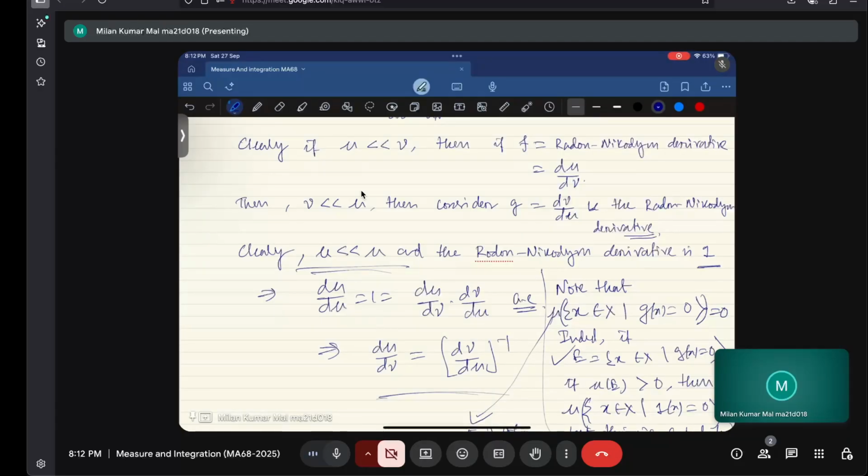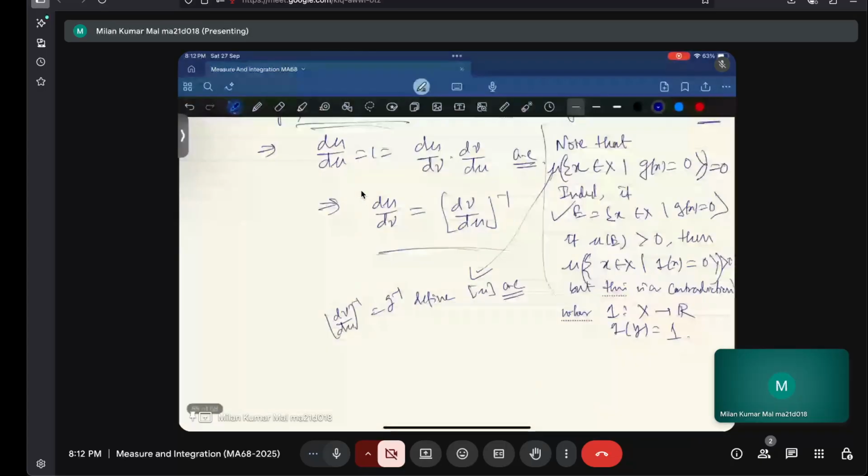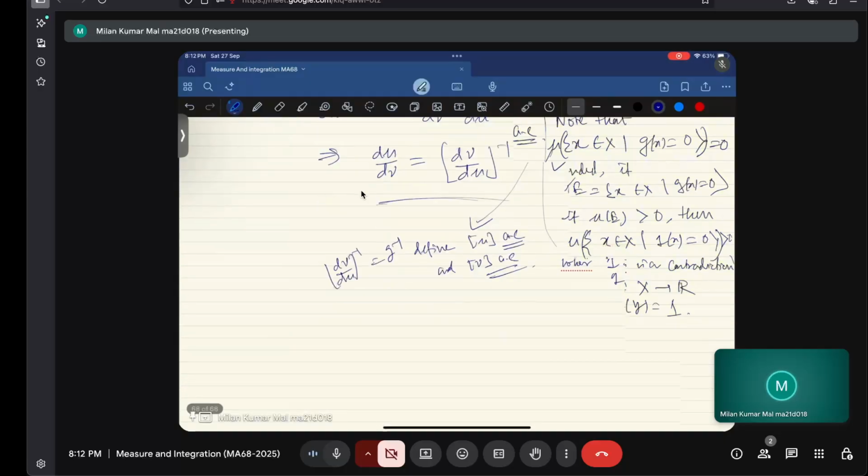So g inverse exists, defined almost everywhere. So this completes the solution.